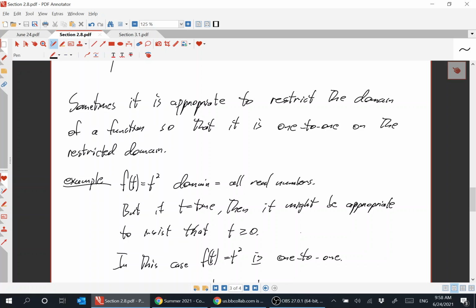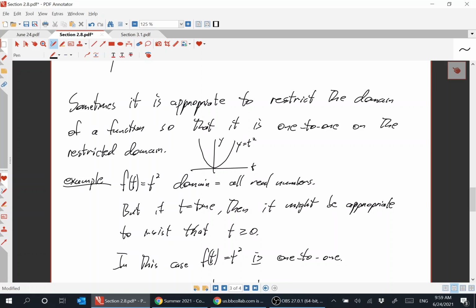Now, if you have a function that's not one-to-one, the one thing that you can do is restrict its domain in some way that makes sense, so that it is one-to-one. So we were talking about this f of t equals t squared, and the domain is all real numbers. That's just the basic parabola, y equals t squared, where this is the t-axis and that's the y-axis.